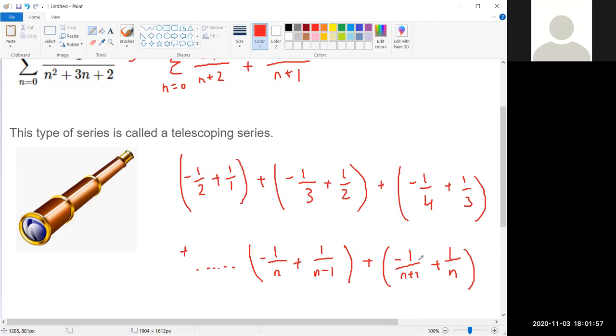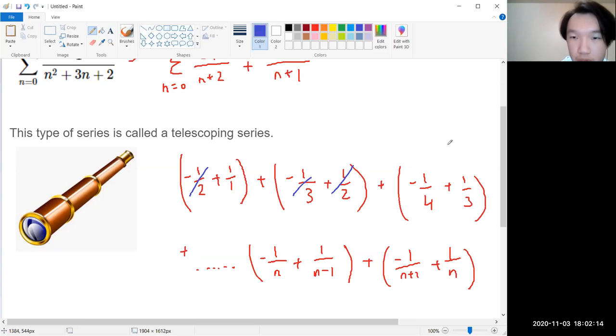The negative 1/2 and positive 1/2, negative 1/3 and positive 1/3. So those things could cancel out. Yes, okay. So this goes away with this, and then this goes away with this.